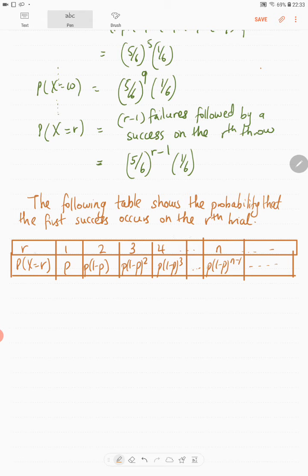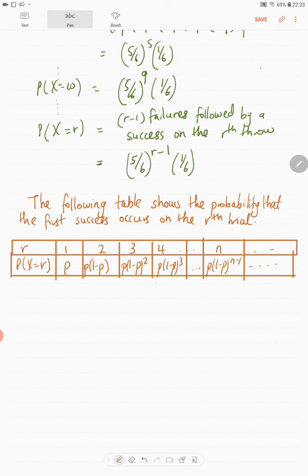So if we have r is equal to 1, that is on the first trial we will have success, the probability will become P. Again, if r is equal to 2, that is on the second trial we will obtain our success, it will become 1 minus P, that is failure, followed by P. So we write P first, we will obtain P times 1 minus P. Here success is obtained on the third trial, so two failures, that is 1 minus P to the square times P.